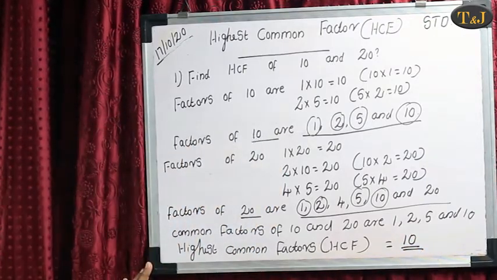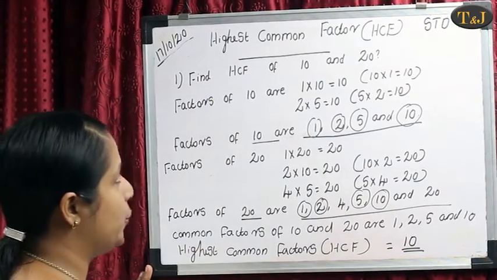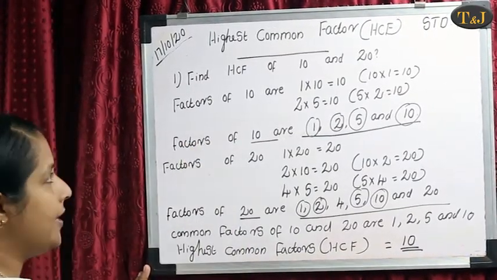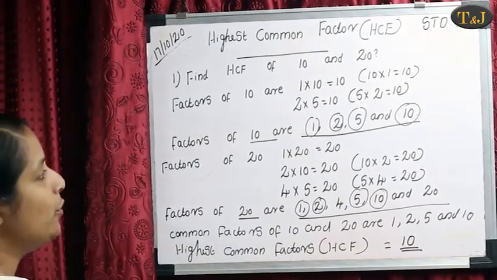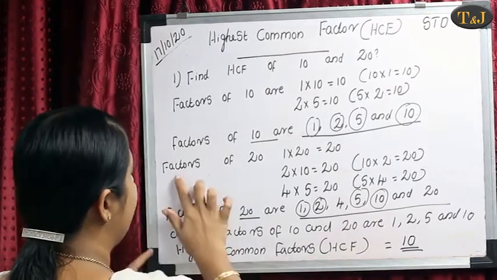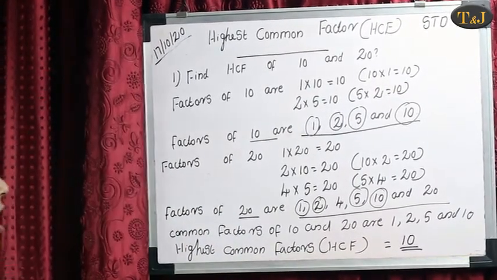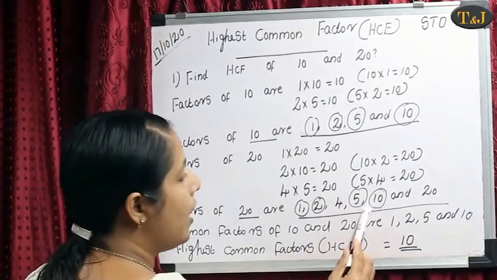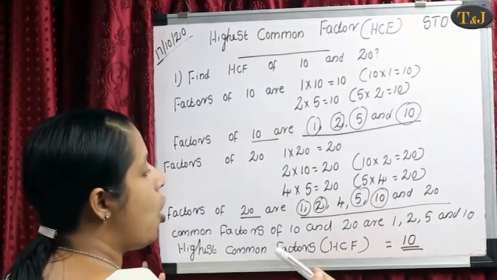Okay, once more I explain. Find the HCF of the numbers 10 and 20. First we write the factors of 10: 1, 2, 5 and 10. Next find the factors of 20: 1, 2, 4, 5, 10 and 20. Next we find the common factors.